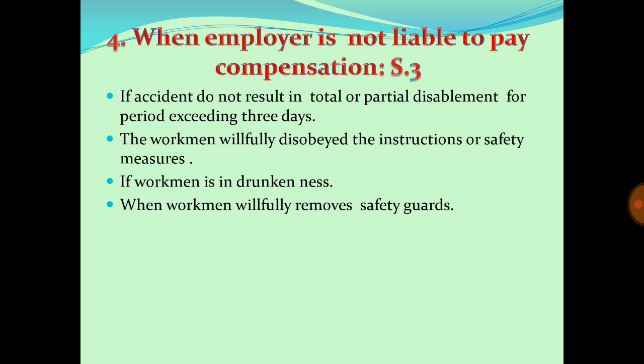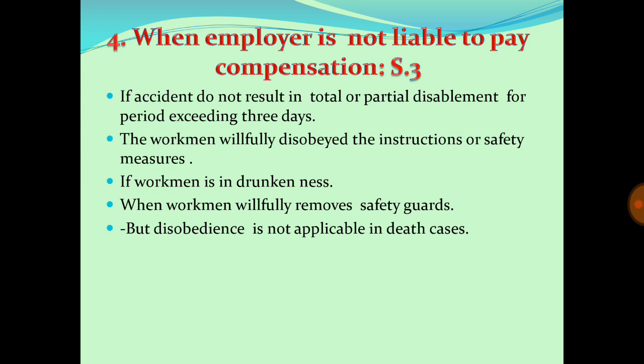When a workman willfully removes safety guards, this is also one ground where the employer is not liable to pay compensation. But this disobedience, removal of safety guards, and not following safety measures are not applicable in case of death.